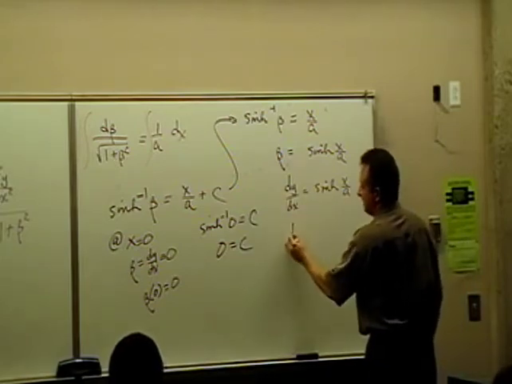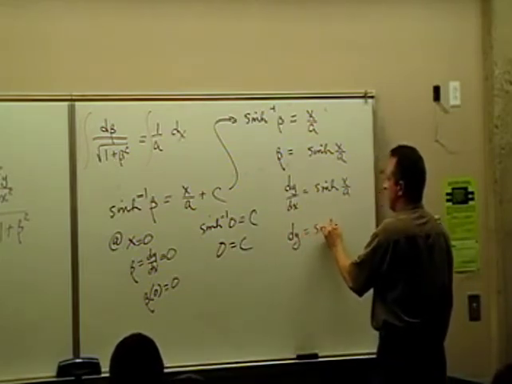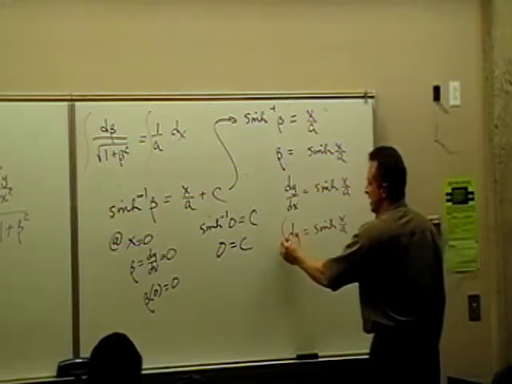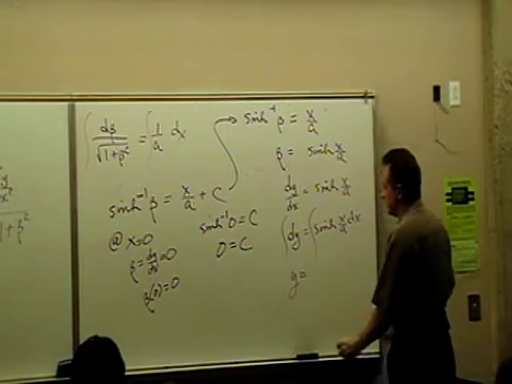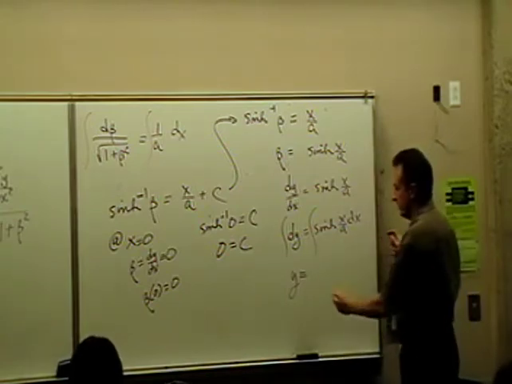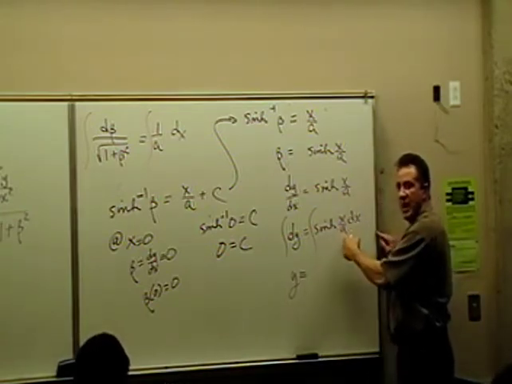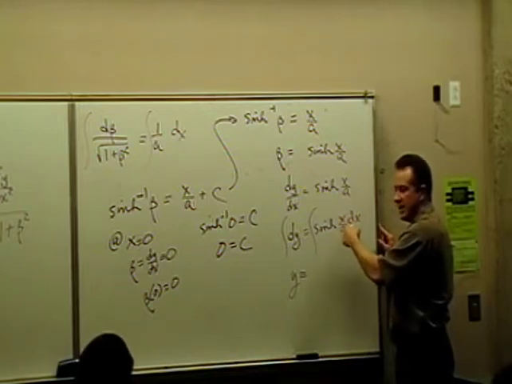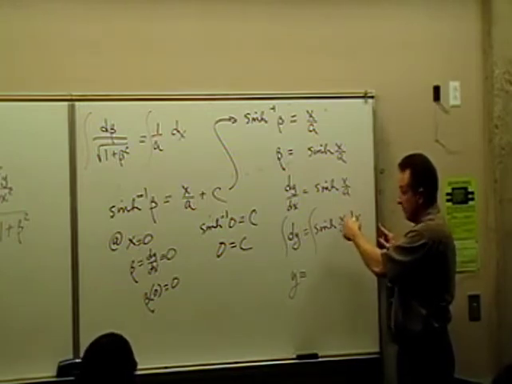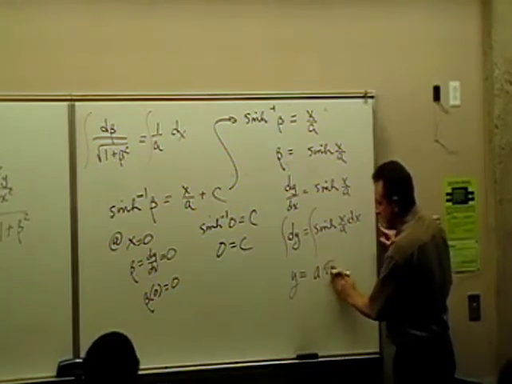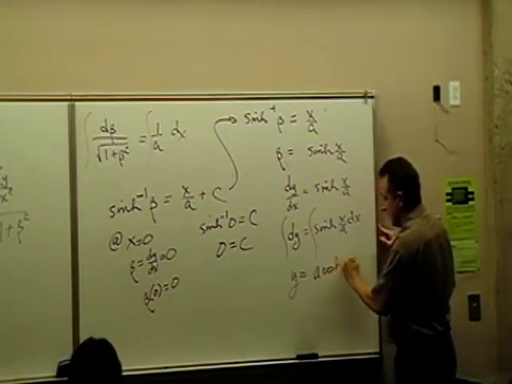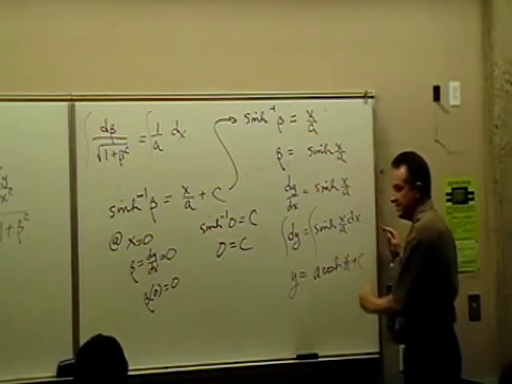I can separate, get dy equaling the hyperbolic sine of x over a dx, integrate both sides, and I get y equals, what's the integral of the hyperbolic sine? Cosine. Now remember, you have x over a, so if you let u equal x over a, du will equal 1 over a dx, so that would actually be a times the hyperbolic cosine of x over a plus some constant.